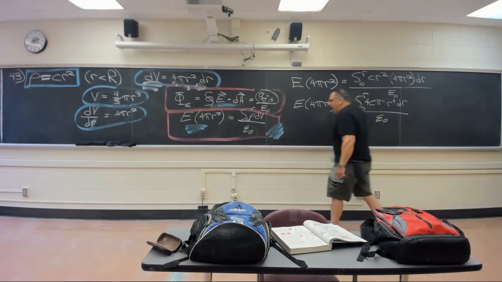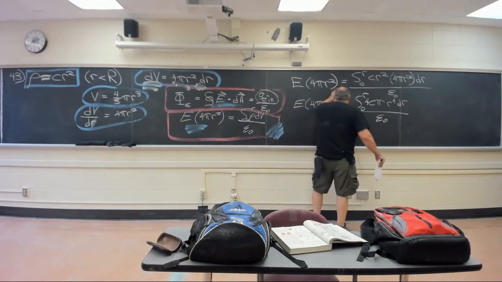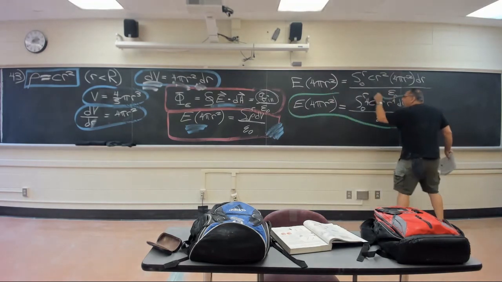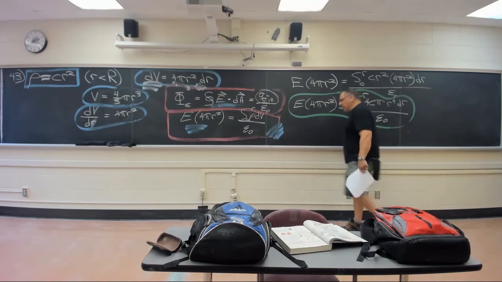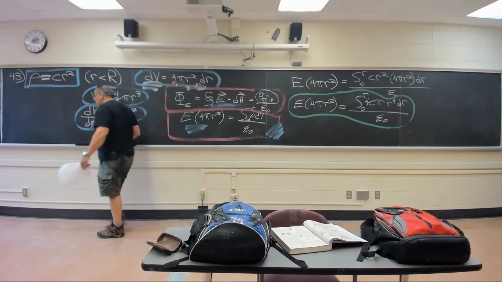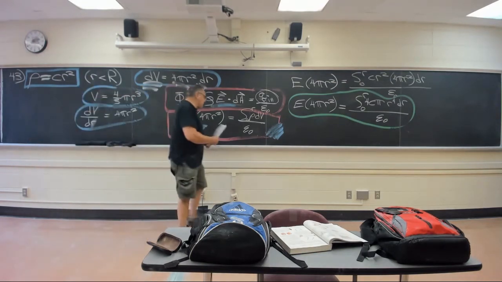Guys, the hardest part of the problem has essentially been done by now. The setup is where you want to go. You can't just take the volume, 4/3 pi r cubed, and multiply it by rho, because rho is varying with respect to r.